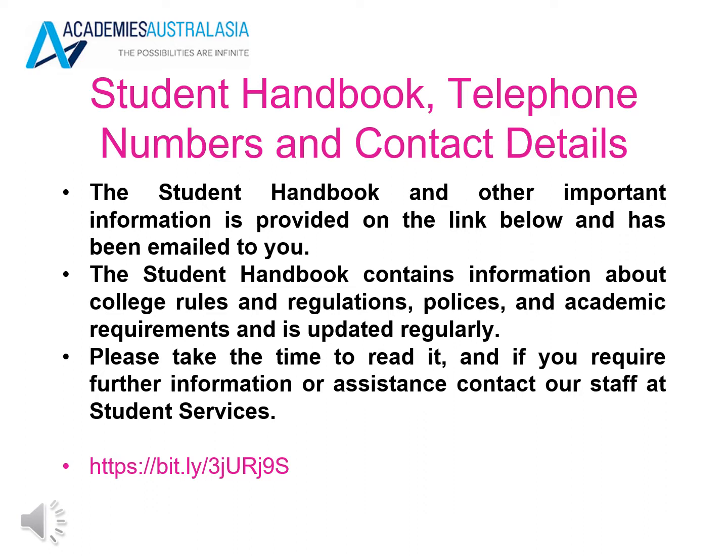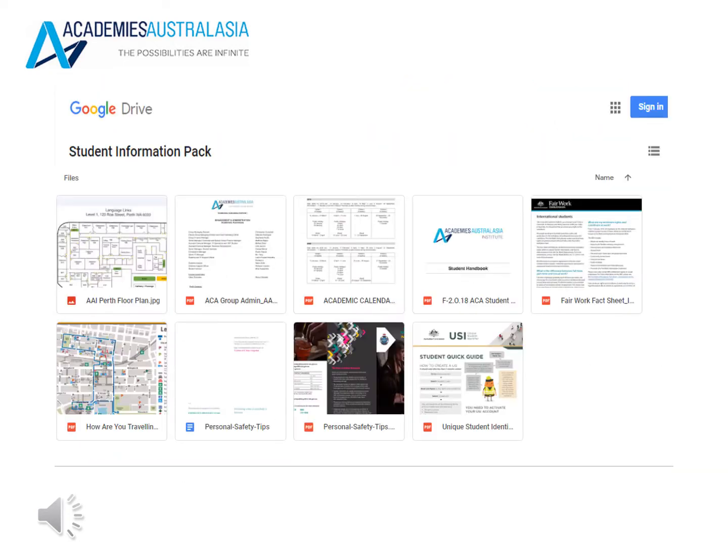Please take the time to read it, and if you require further information or assistance, contact our staff at Student Services. You will receive the student information pack by email. Please check your emails. In here, you will find more information on how to apply for your USI, more information on how to access various emails, the student handbook, and more.